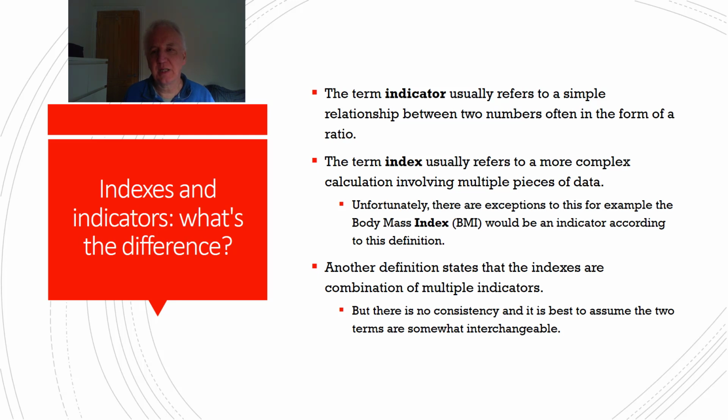The term index usually refers to more complex calculations involving multiple pieces of data. Unfortunately, there are exceptions to this. For example, the body mass index would be an indicator according to this definition. Another definition states that indexes are a combination of multiple indicators, and there is no consistency basically. It's best to assume the two terms are somewhat interchangeable.